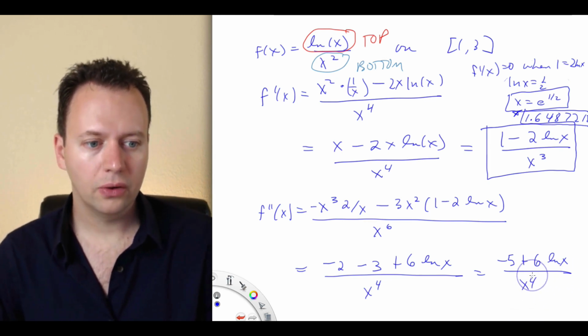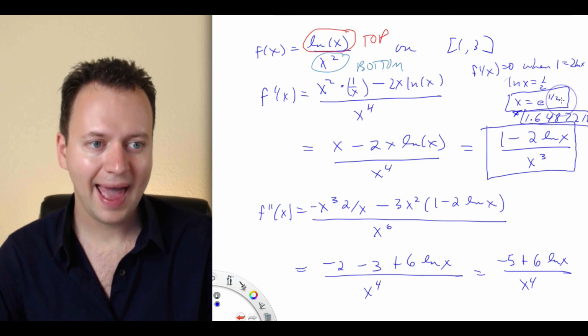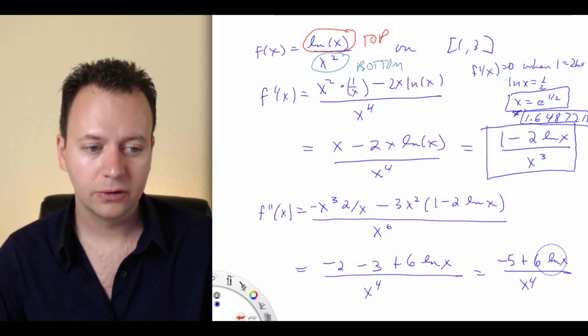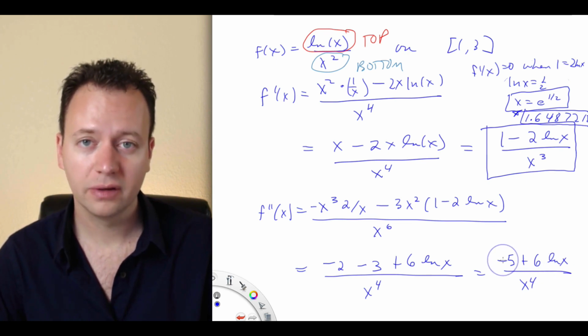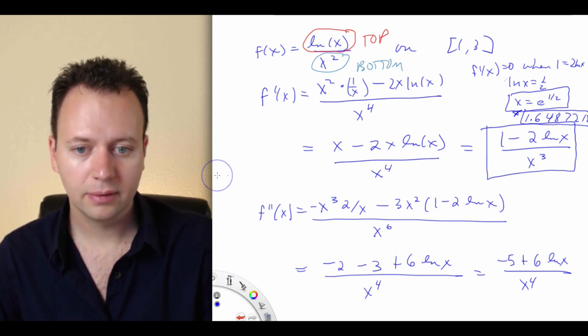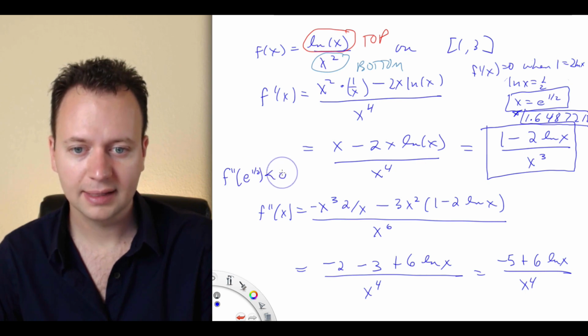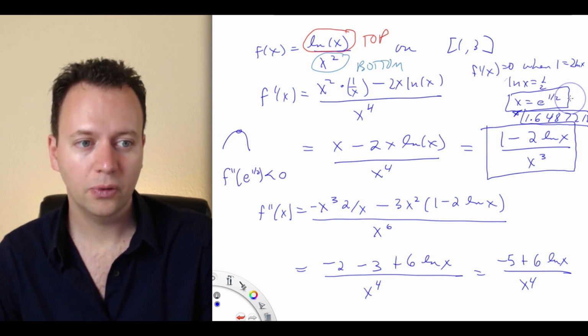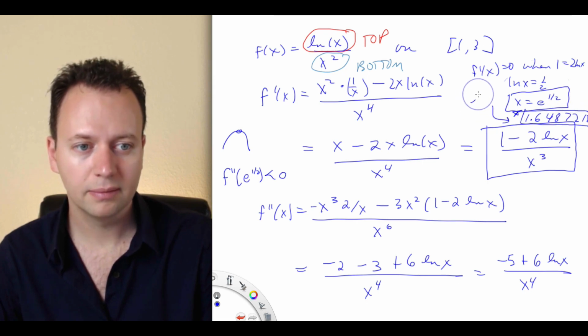Now, when x is equal to e to the 1/2, ln of e to the 1/2 is just 1/2. So 1/2 times 6 is 3. 3 minus 5 is negative. So the upshot is that f double prime of e to the 1/2 is less than 0. Less than 0, concave down, this point is a local maximum.